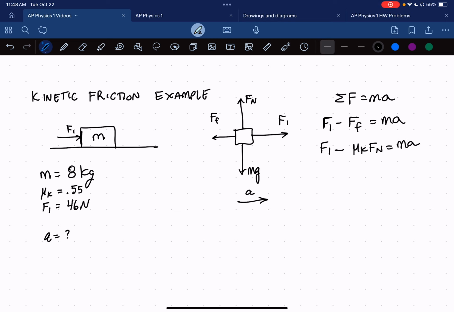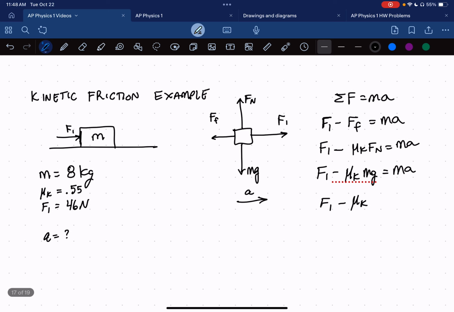Well, it's not always true that the normal force is equal to mg, but it is in this case, right? So we can also say that mu sub k times Fn, well, for Fn we're going to substitute mg, equals ma. And we're solving for a. So the last thing we can do here is just say something like this. And as usual, I don't have a calculator in front of me, so let me get one real quick.